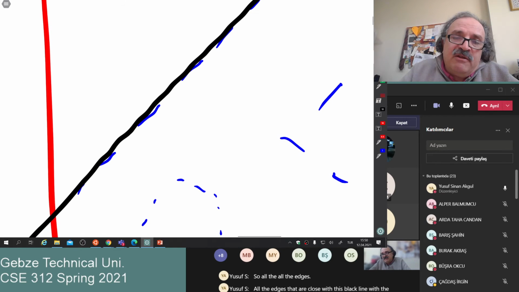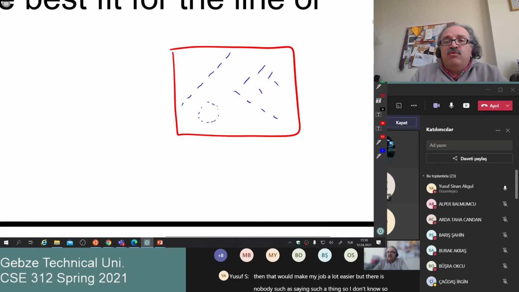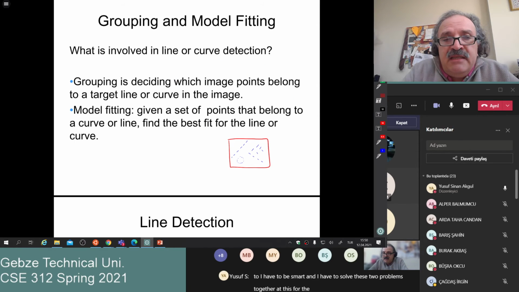If somebody tells me this, then that would make my job a lot easier, but there is nobody saying such a thing, so I don't know. So I have to be smarter. I have to solve these two problems together, at least for the line detection problem.